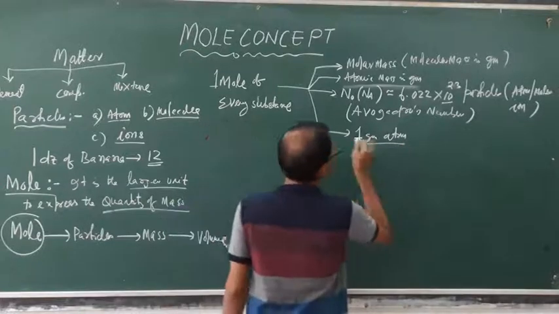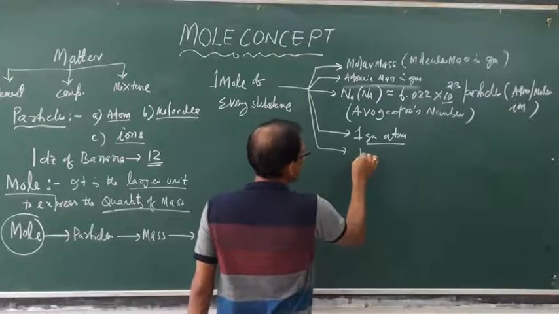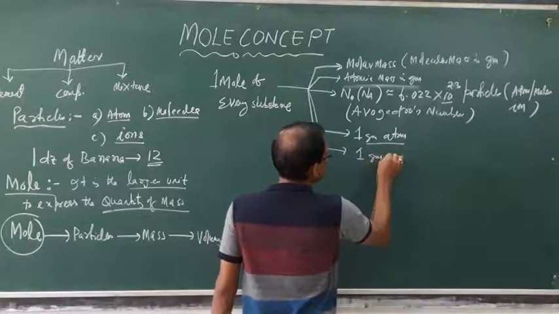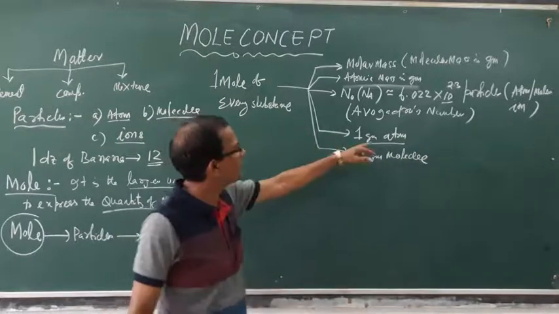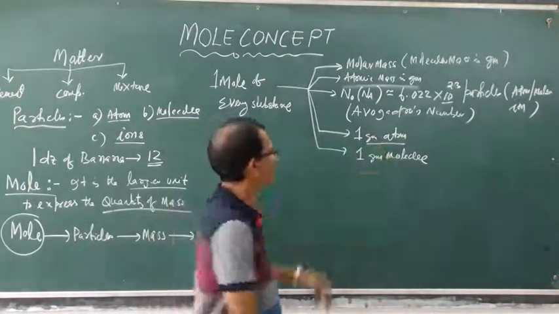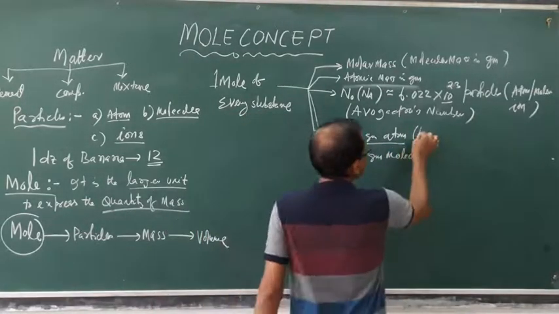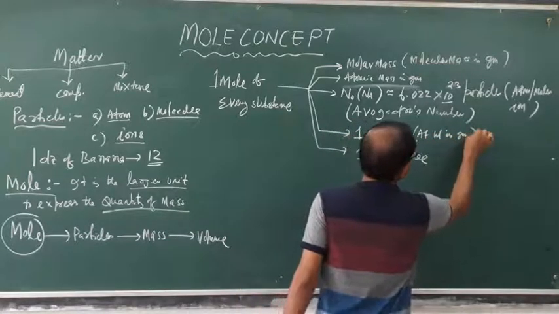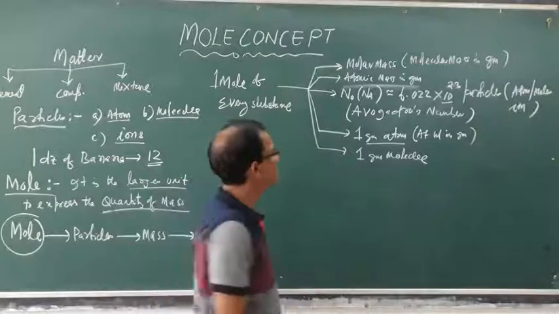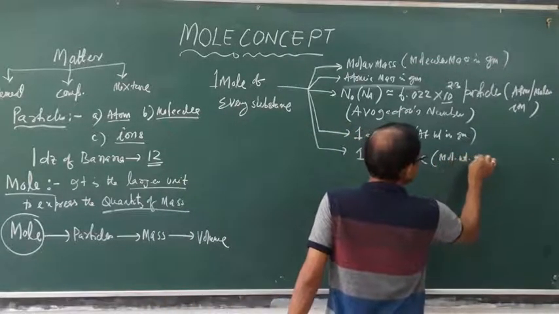It is also called 1 gram molecule. Don't be confused: 1 gram atom means atomic weight in gram, and 1 gram molecule means molecular weight in gram.